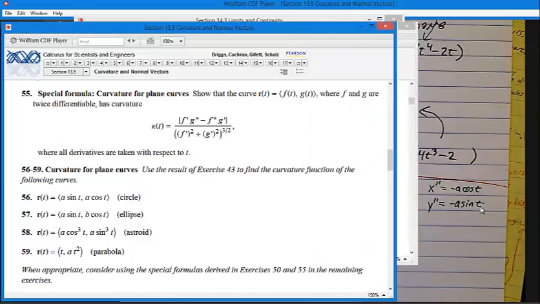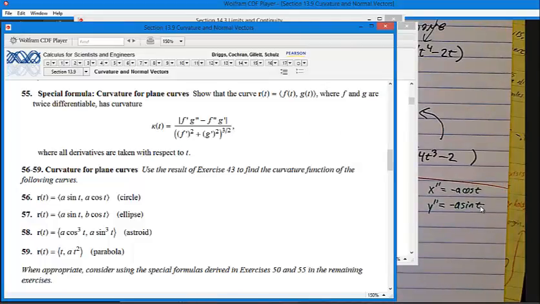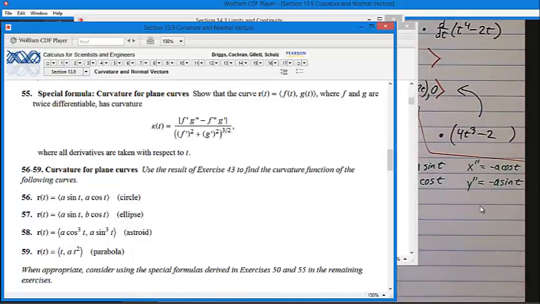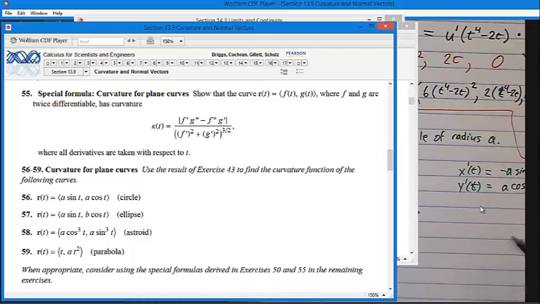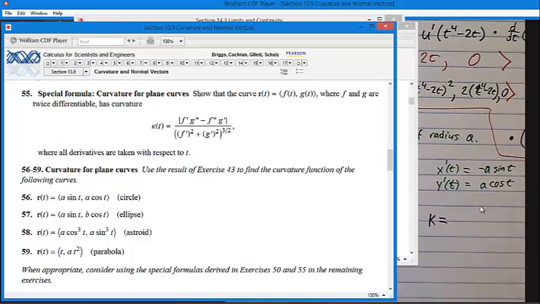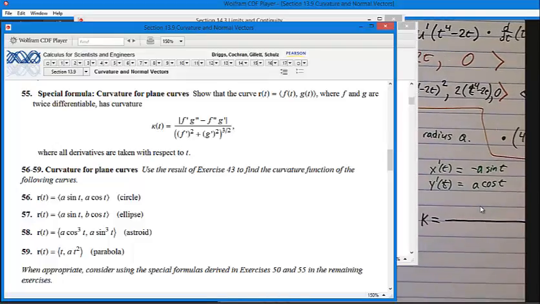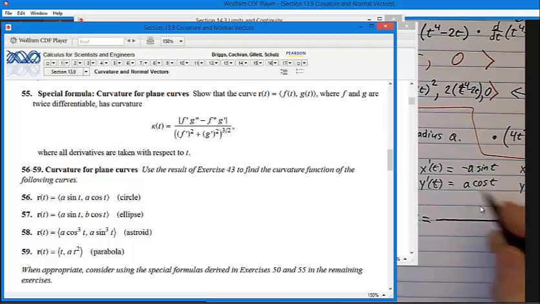So, in particular, when I come over here to write the curvature formula, I'll say k is this big fraction, and the denominator of the big fraction is to the 3/2 power.